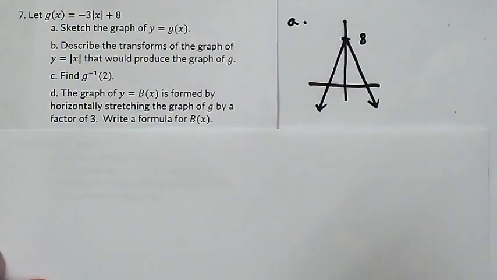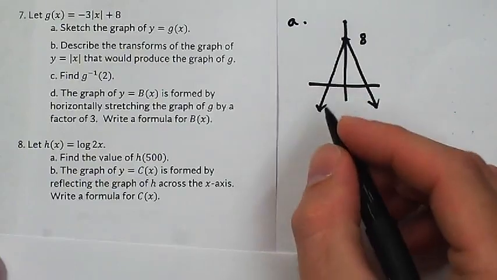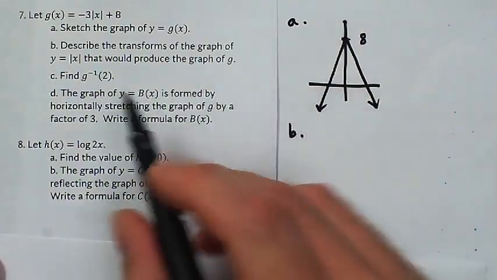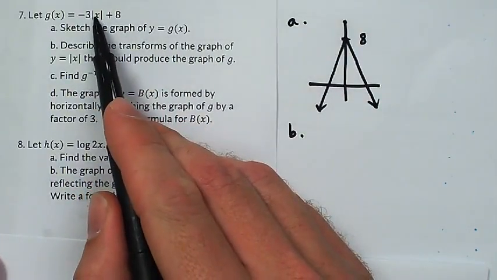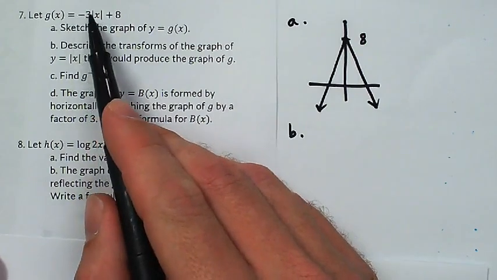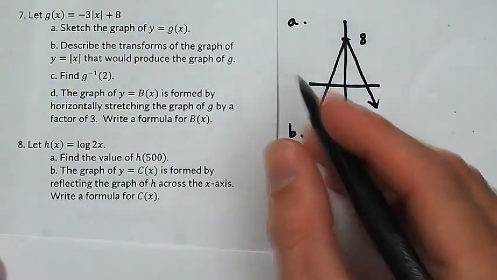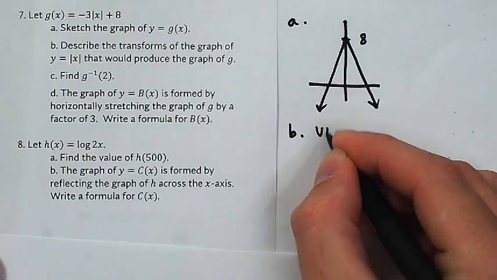Okay, so if I was to describe the transforms of the graph of y equals absolute value x that would give the graph of g, I need to start from the basic thing and say what happened to it first. Well, first it got multiplied by 3, so it's going to be a vertical stretch by 3.